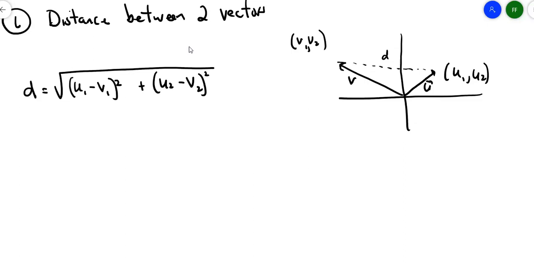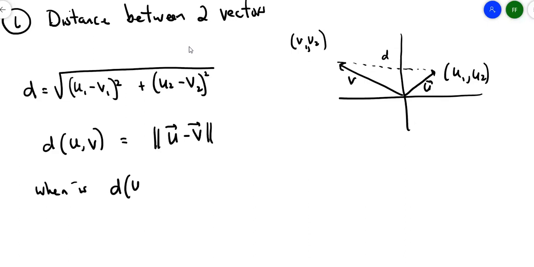All right, there are different notations that you can use for this. You can say I want the distance between vector u and vector v, or you can say I want the distance between vector u and vector v like that. The distance has to be greater than or equal to 0. Now, when is the distance equal to 0? So when is the distance between u and v equal to 0?